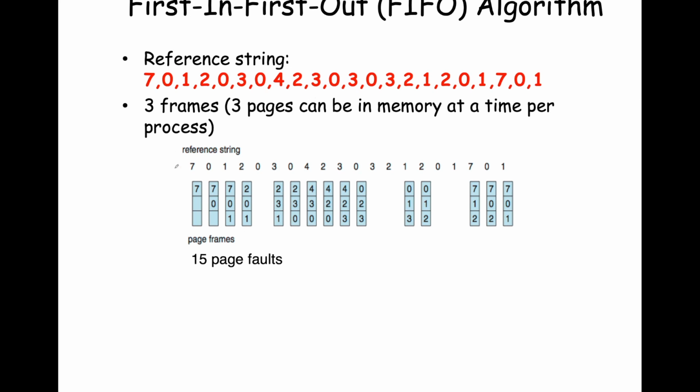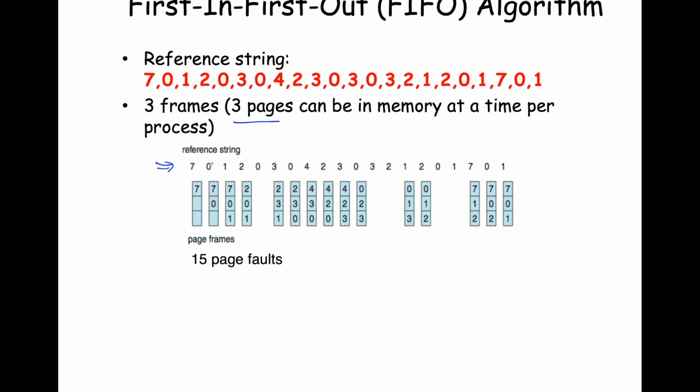We start out with our reference string here, and we start out with 7. Of course, the first 3 page faults, when you're allocating 3 frames in the beginning to each process, you can't avoid, because you have to fill up your initial frames with the pages for your process. And so here we have page 7, so we get a page fault.